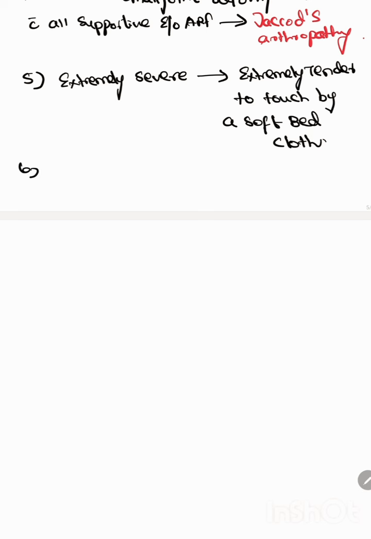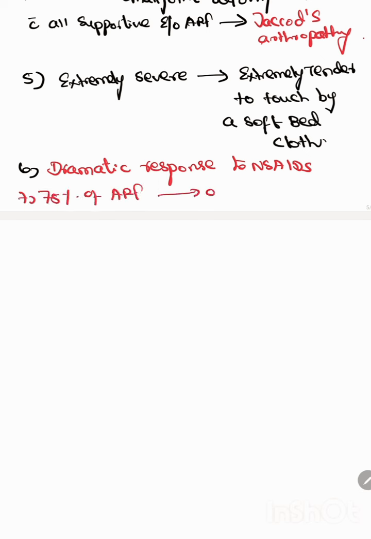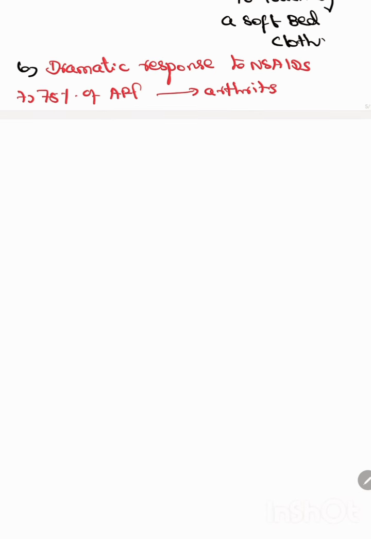Next, this is very important, it has a dramatic response to NSAIDs. And 75% of children with acute rheumatic fever will present with arthritis.